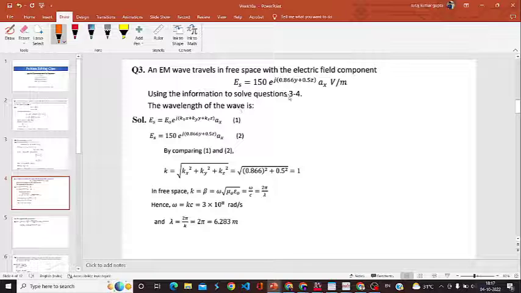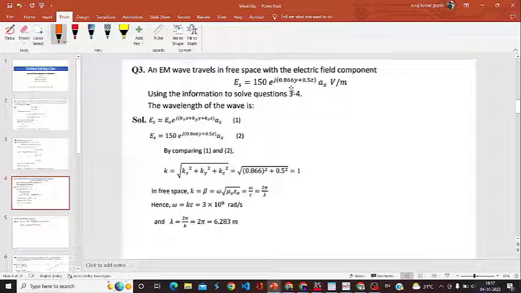The expression of the electric field is written in phasor format, which is defined in general as E naught e raised to the power j times the propagation constant times the direction in which the wave is propagating, along with the direction in which the electric field is oriented.